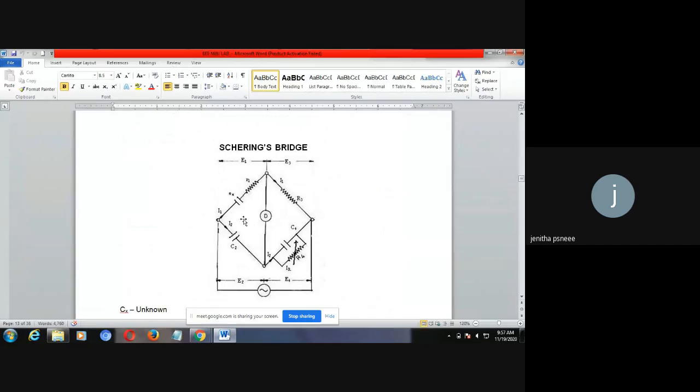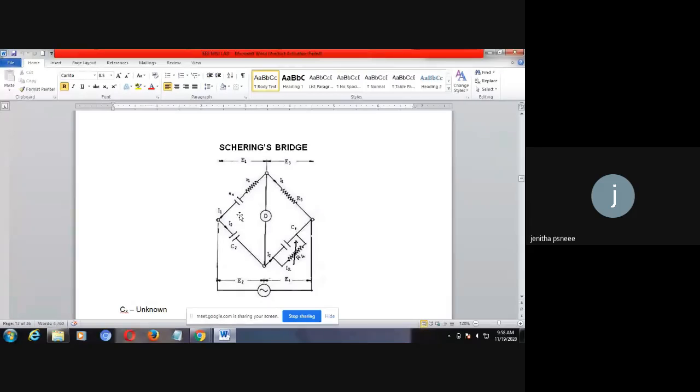Schering's bridge consists of capacitance and resistance. One arm consists of resistance and capacitance in parallel. Another arm consists of one capacitance, and another arm consists of pure resistance. So this is the construction of Schering's bridge.